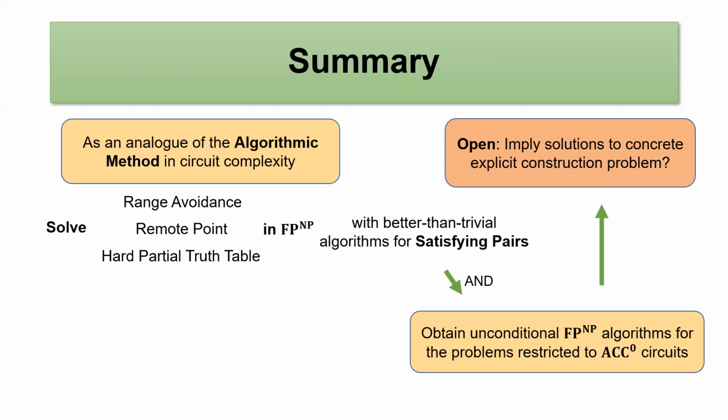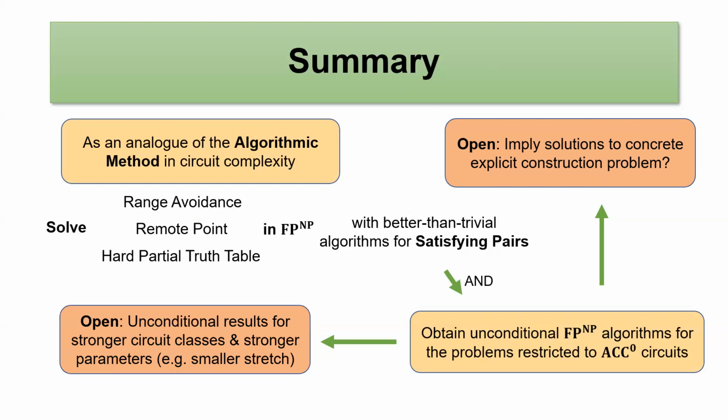I also want to mention two related open problems. The first is about applications. All known applications of these results here are about hard truth tables and circuit lower bounds. Can we use these results to solve some concrete explicit construction problems, such as Ramsey graphs?